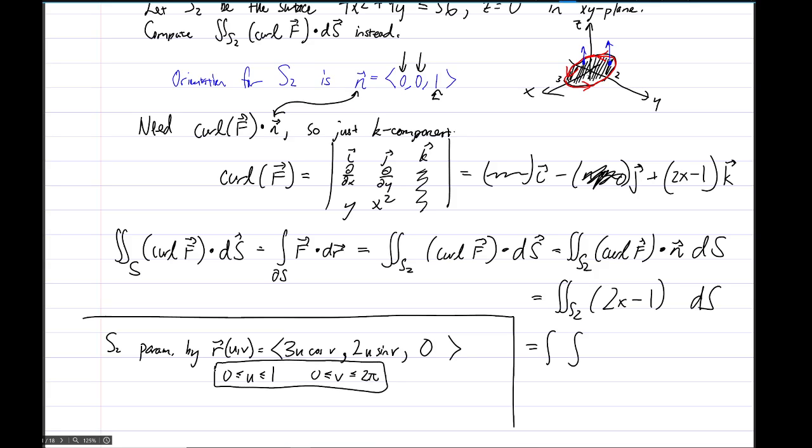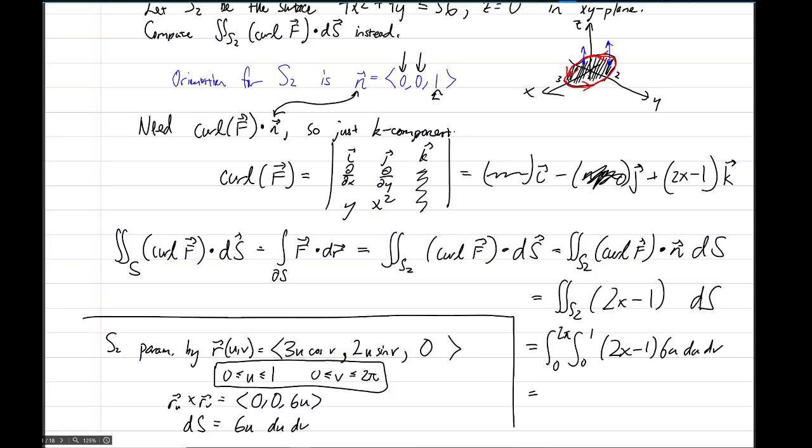Okay, and then if we look at R_u cross R_v, this will end up working out to be 0, 0, 6u. You should work out that detail. dS is going to work out to be 6u du dv. So we'll replace the dS here with, sorry, it's 2x minus 1, 6u du dv. u goes from 0 to 1, v from 0 to 2 pi.